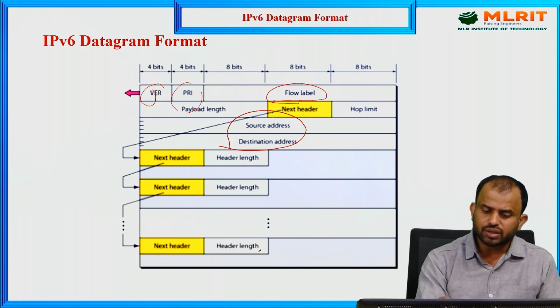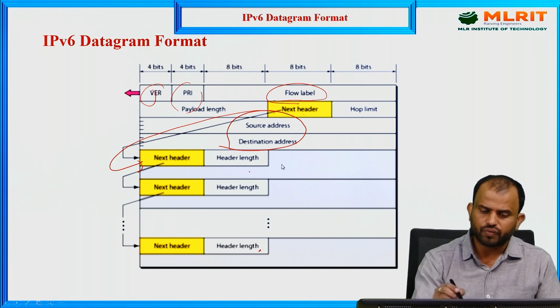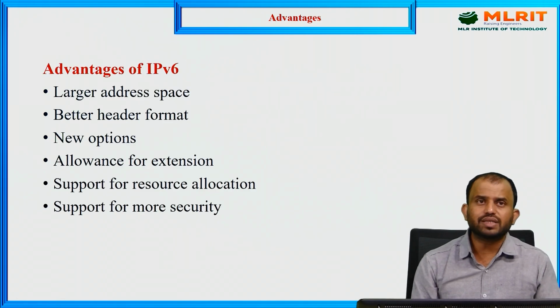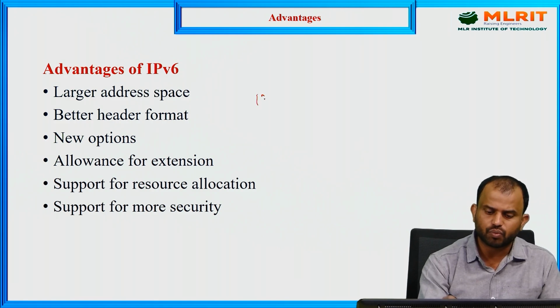The next header refers to the next frame, next fragmentation or next packet, and the header length value is mentioned. All these things come into the picture. But what is the advantage of IPv6? As mentioned, we have a 128-bit range.